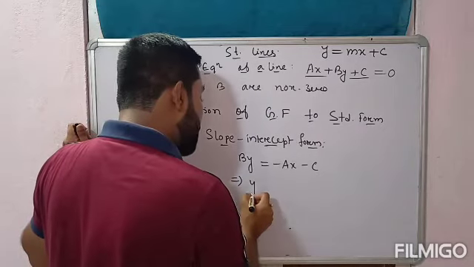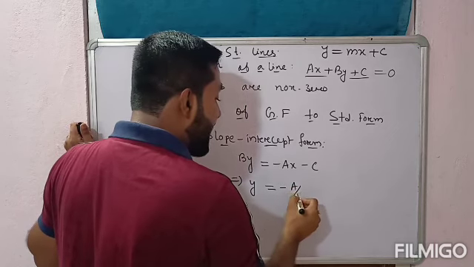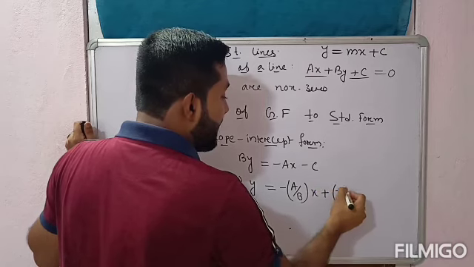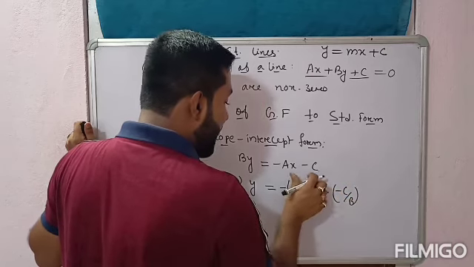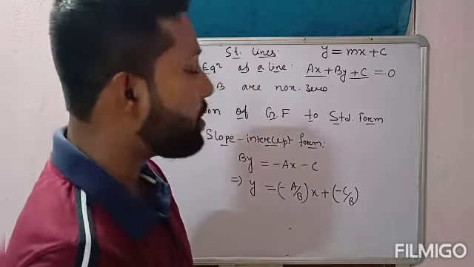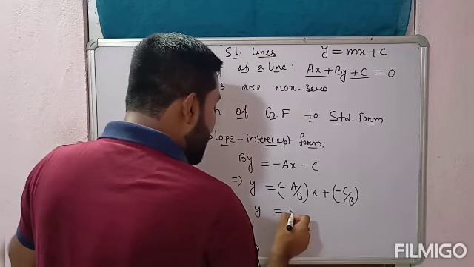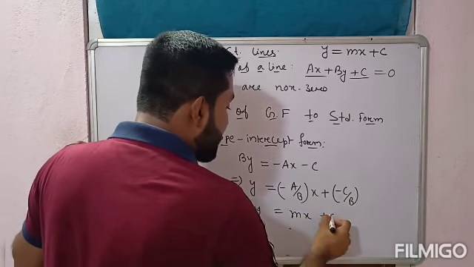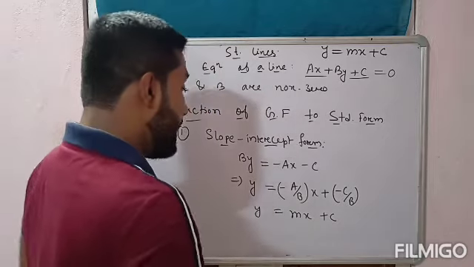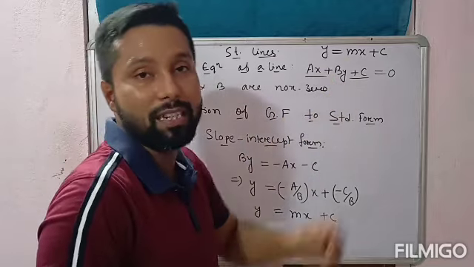If I divide both sides by b, then y is equal to minus a by b into x plus of minus c by b. Now it is in the form of y is equal to mx plus c. In this way we can reduce any general equation into slope intercept form.